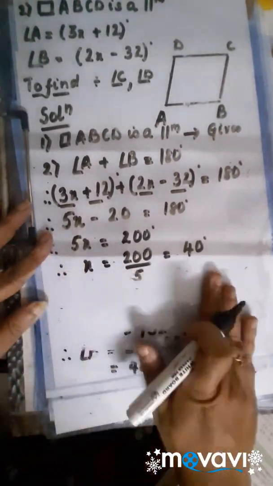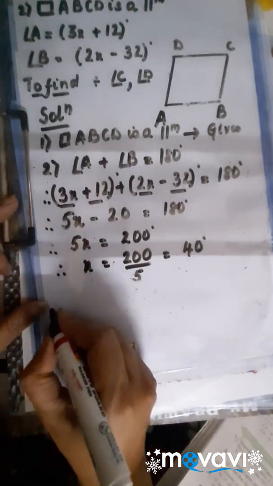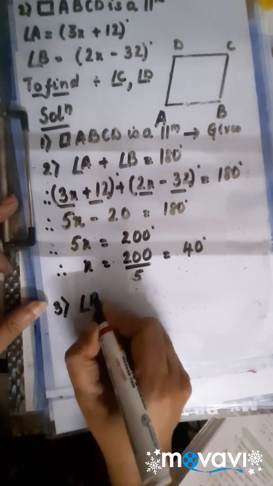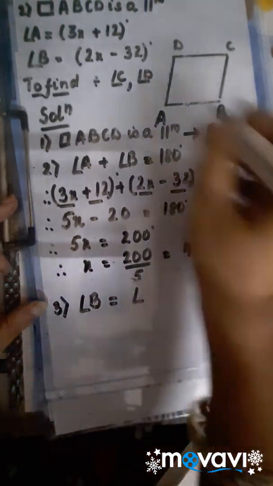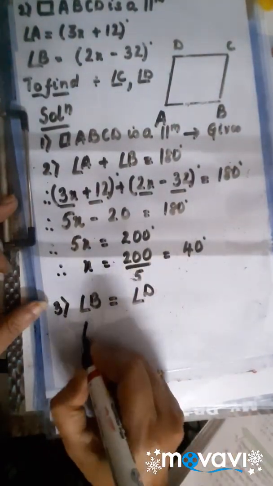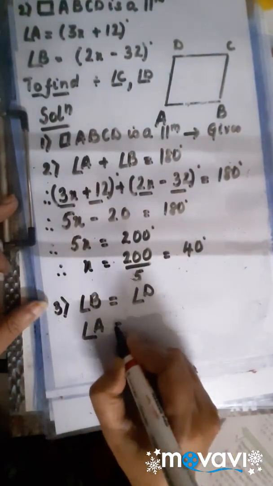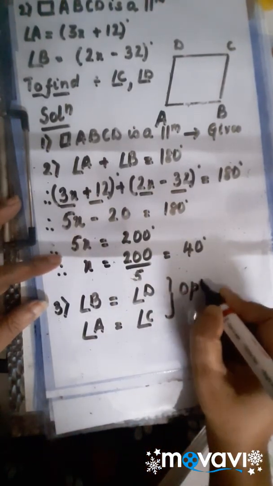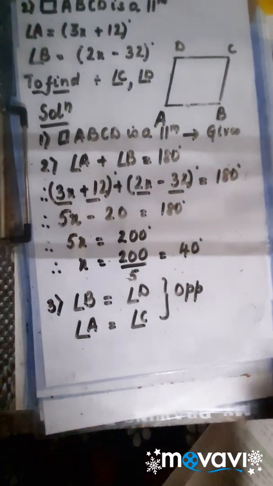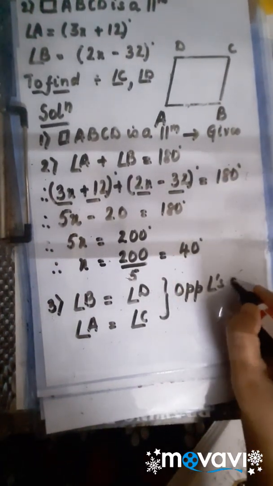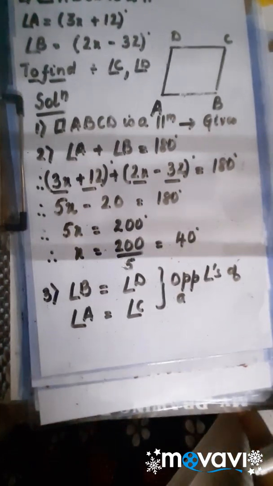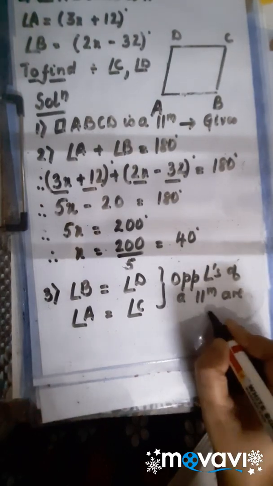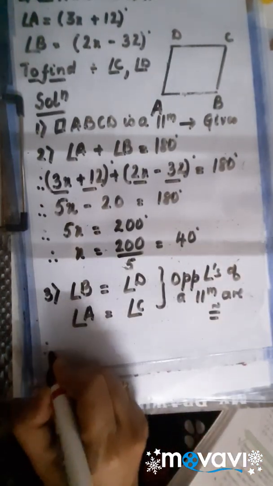Now how do I find C and D? Correct. So you will say in the third step, angle B is equal to angle D and angle A is equal to angle C. What is the reason? Opposite angles of a parallelogram are congruent.